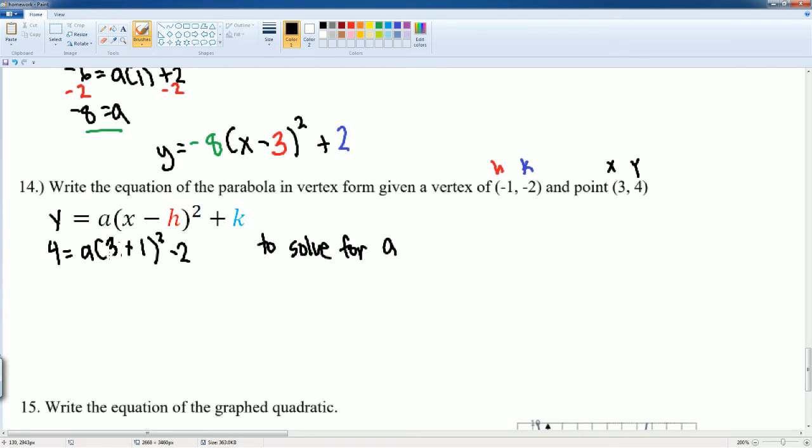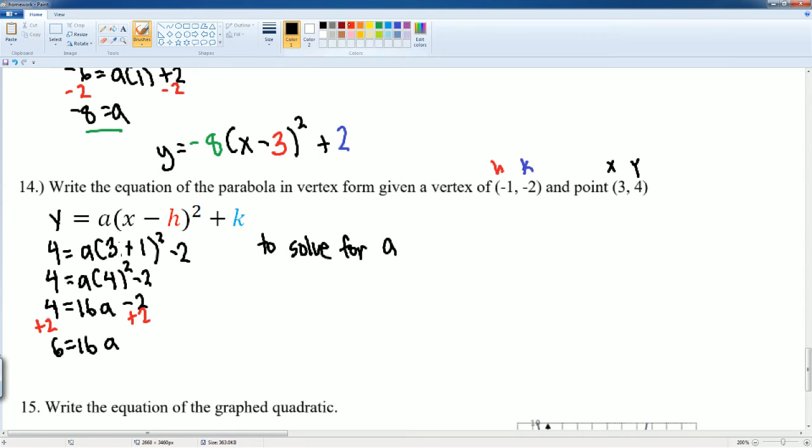All right, let's do this now. So it's 4 equals A times (3 plus 1), which is 4, squared, minus 2. 4 equals 16A minus 2. You're going to add 2 to both sides, and that gets you 6 equals 16A.